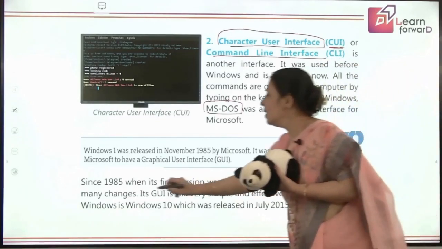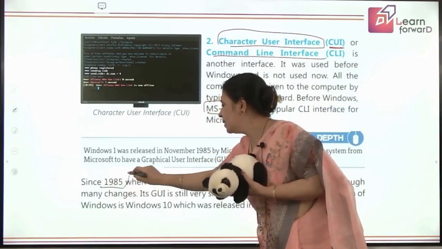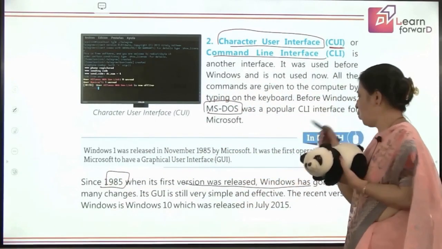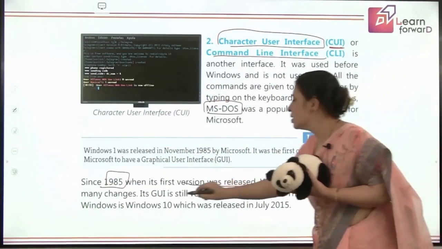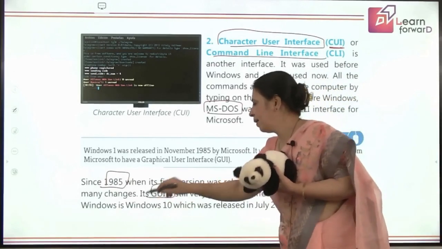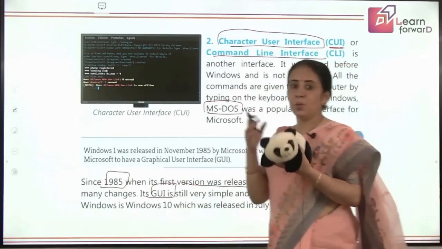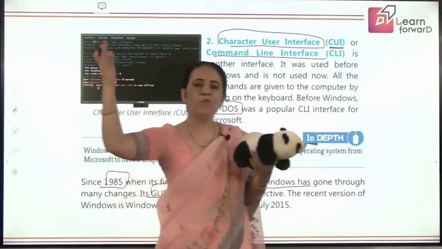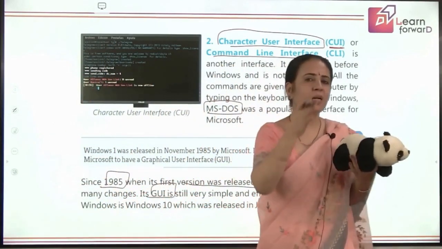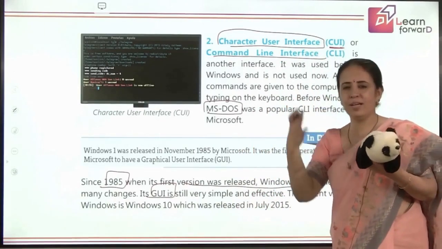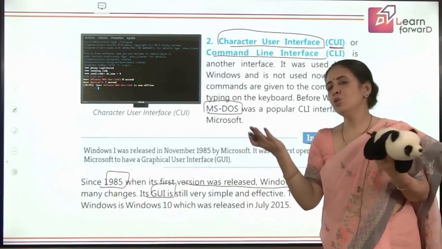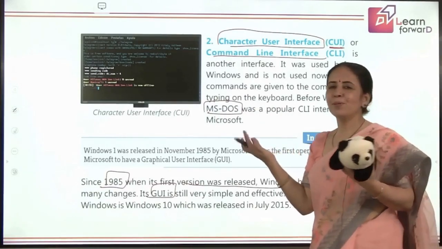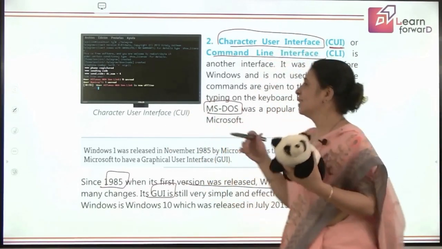And since 1985, when the first version of Windows was released, this GUI became active. And these days we are using Windows 10, Windows 11. So many versions, one after another, the modified form of it is coming for you to make your work so simple and handle the computer with such ease, right?